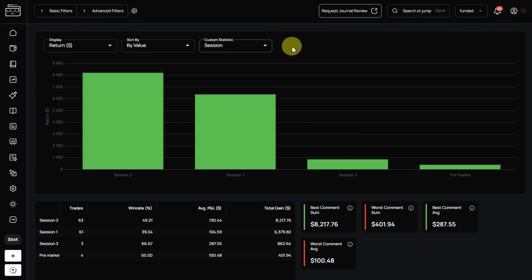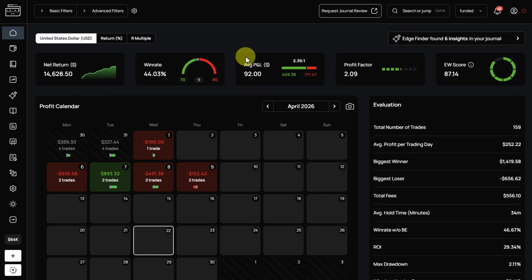Those could be triggers, those could be signals, those could be market variables, but in the end, it will help you understand when your system performs best, what conditions favor or don't favor your system, and you can learn a lot about what are correlated positive and negative factors for your trading performance. So I would definitely do that. And then I think this trader would be on a very good track.